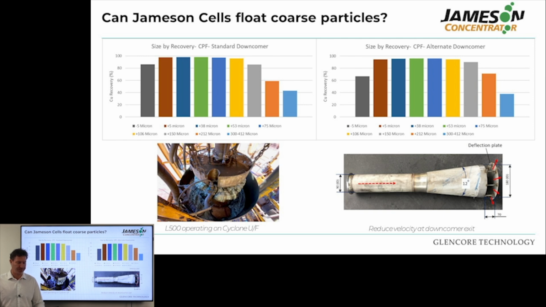So a bit lower recovery on the coarse and the fine size, but basically we were quite close and very typical to mechanical cells in the coarser grind size, like that plus 200 microns.